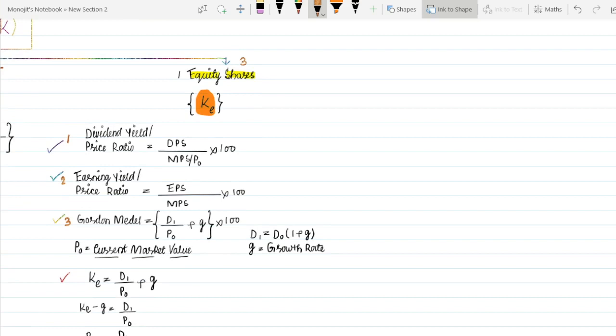For equity share, there are four formulas to find the cost of equity shares. First formula is dividend yield or dividend price ratio.